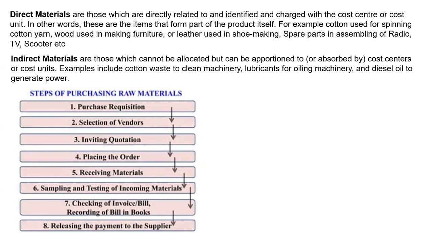That vendor, the fourth step, you actually place the order. You will discuss. That person has given the quotation for 32 rupees. Now, somehow you manage to reduce it to 30 rupees per kg. So in placing the order, you will prepare the purchase order.